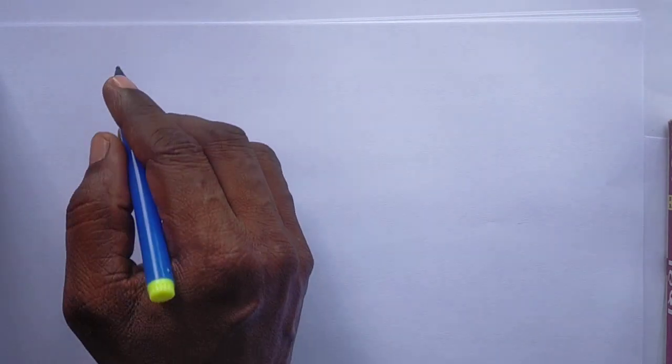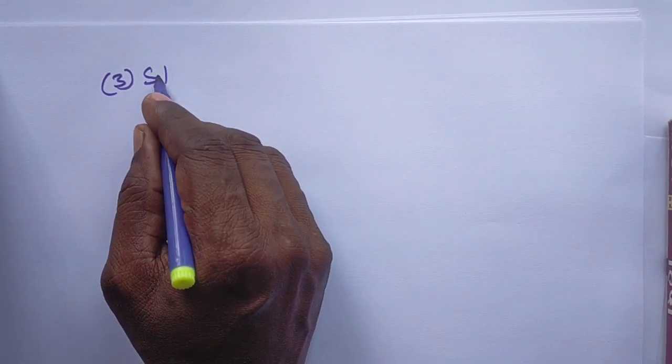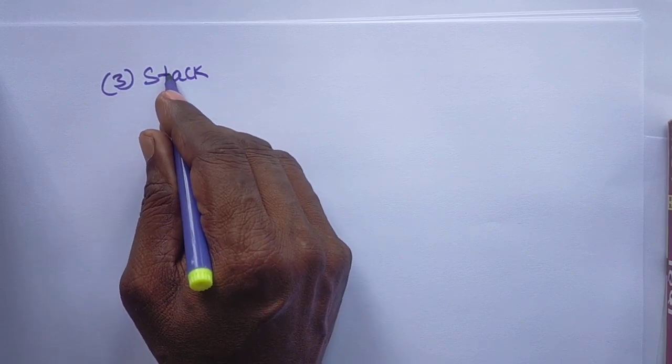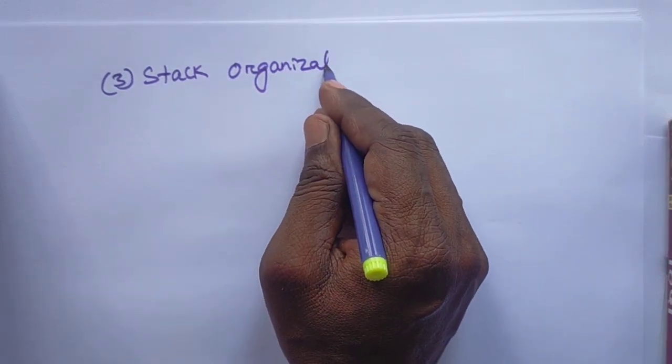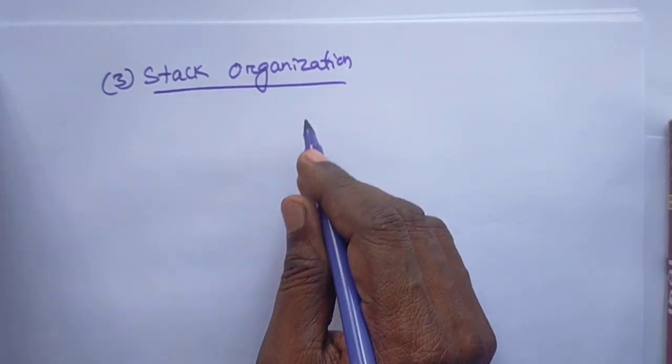Okay, the last one is stack organization. Stack organization means it actually has no operand address or data address, because the address is not fixed.